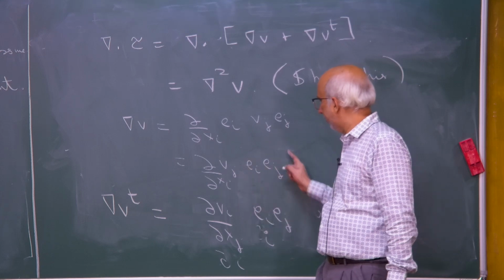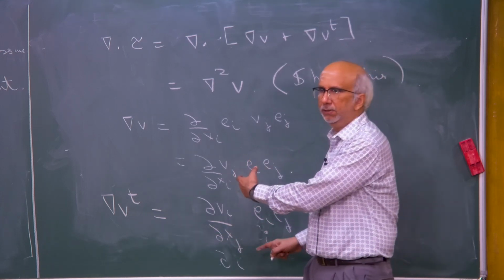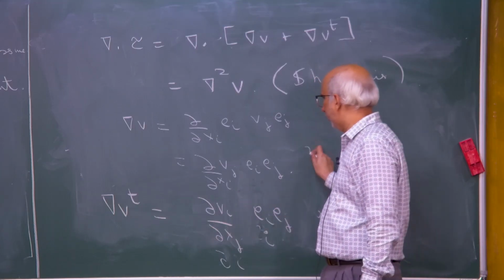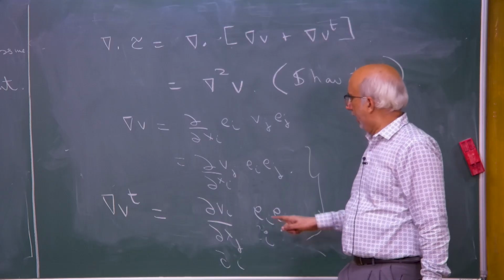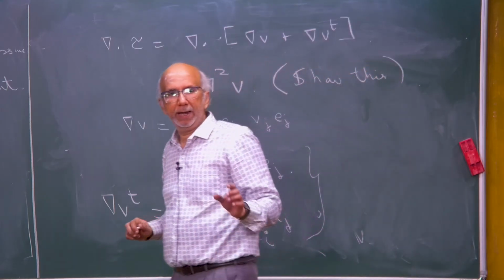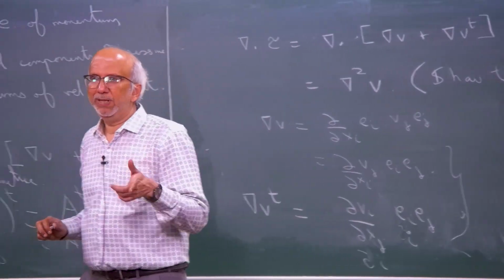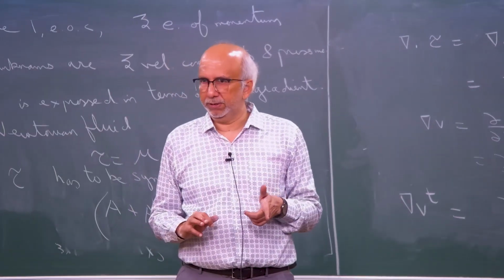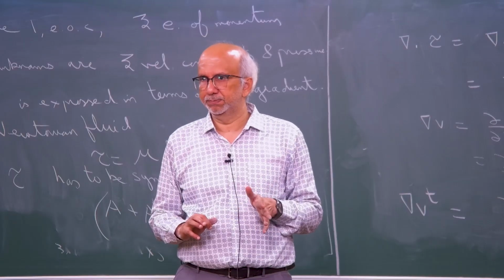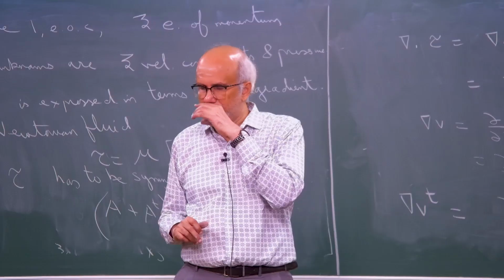Same element, I get the other position. So, I want you to think about this. After you do this, you can substitute this back here, and you will not immediately get del square V_i. When you do it, you will actually get about 6 terms.